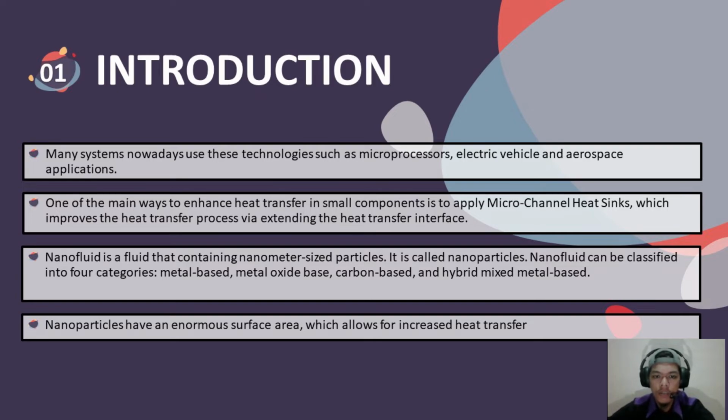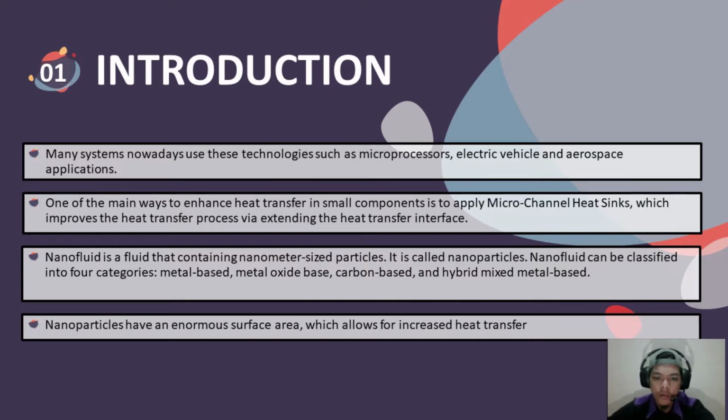Many systems nowadays use this technology, such as microprocessors, electric vehicles, and aerospace applications. One of the main ways to improve heat transfer in small components is to apply a microchannel heat sink, which improves the heat transfer process by extending the heat transfer interface.